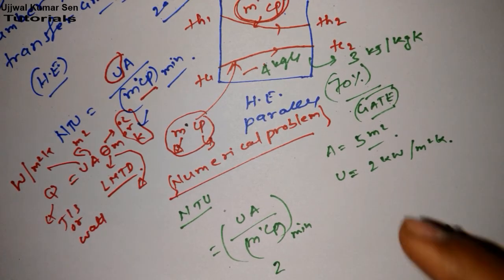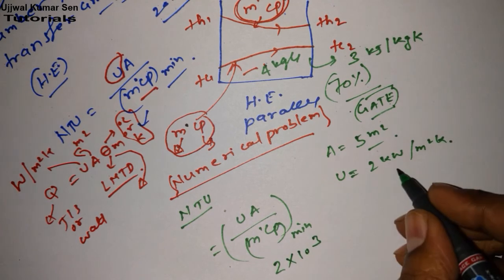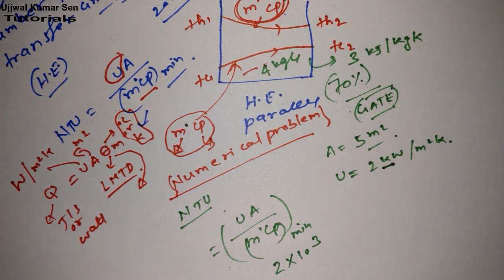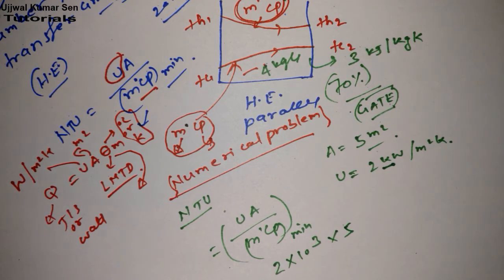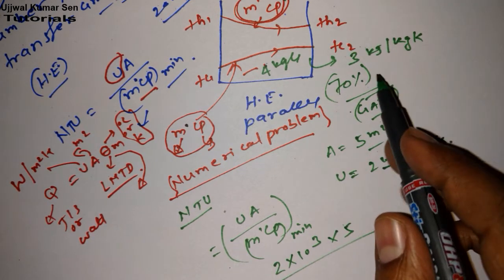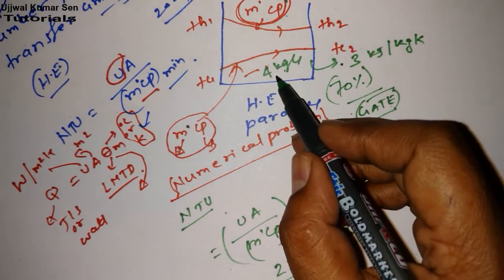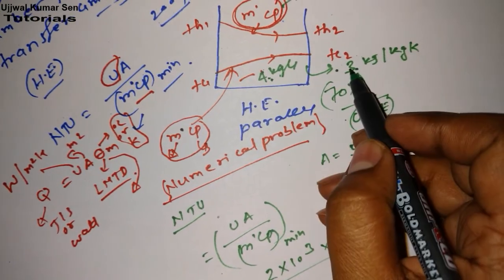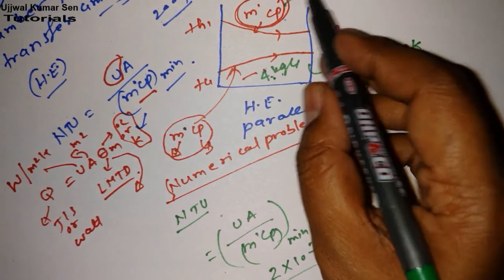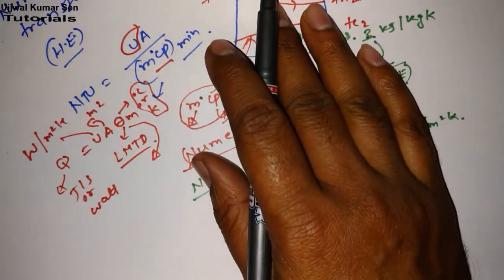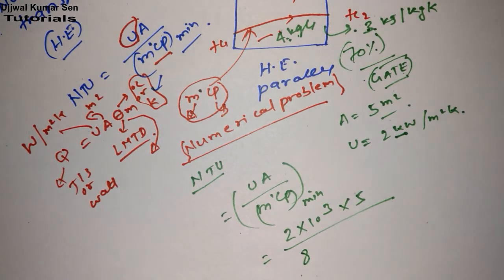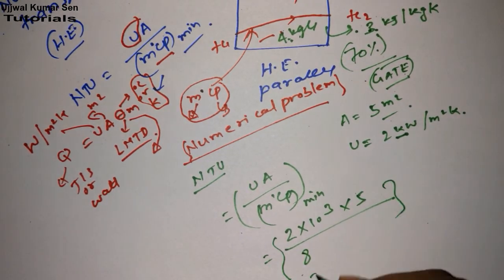Don't write only 2, write 2 into 10 to the power 3 because kilo is there. Second, the area is 5. Third, we can see which one is minimum: 4 multiplied by 3 is 12, and 2 multiplied by 4 is 8. So 8 is minimum.